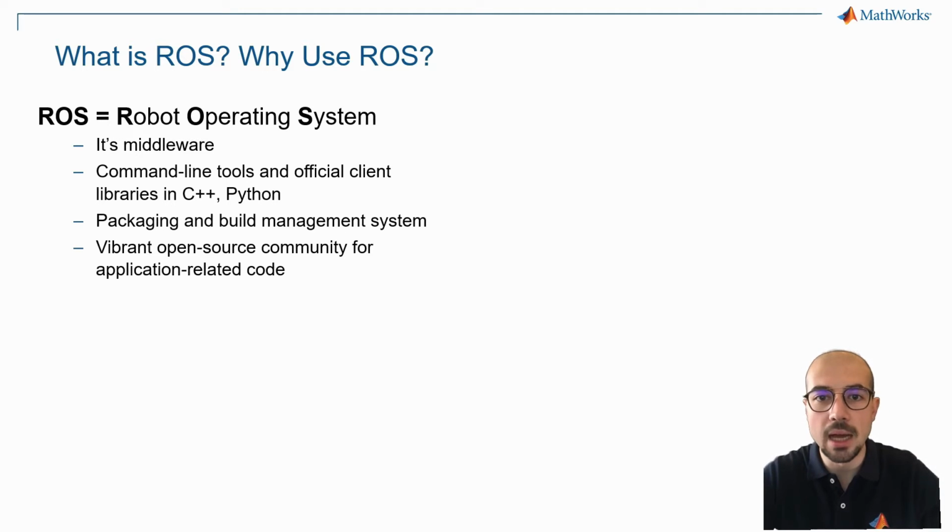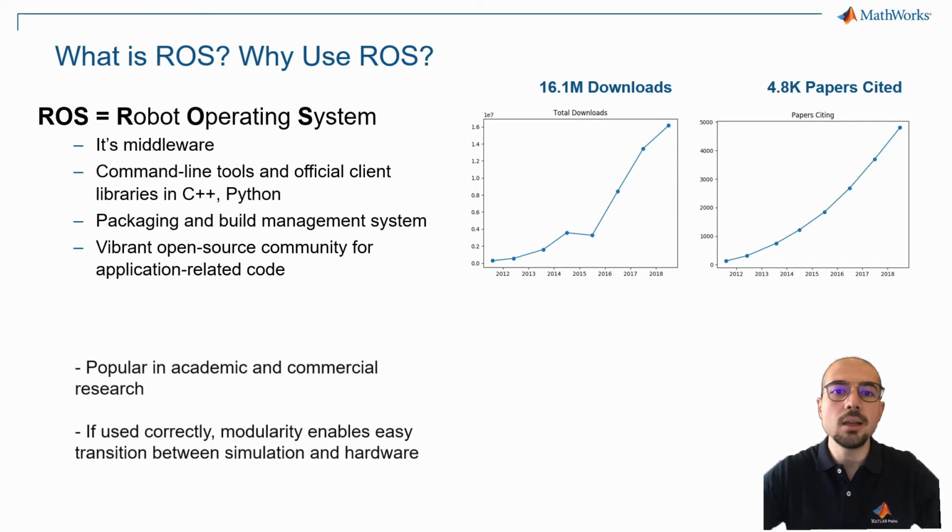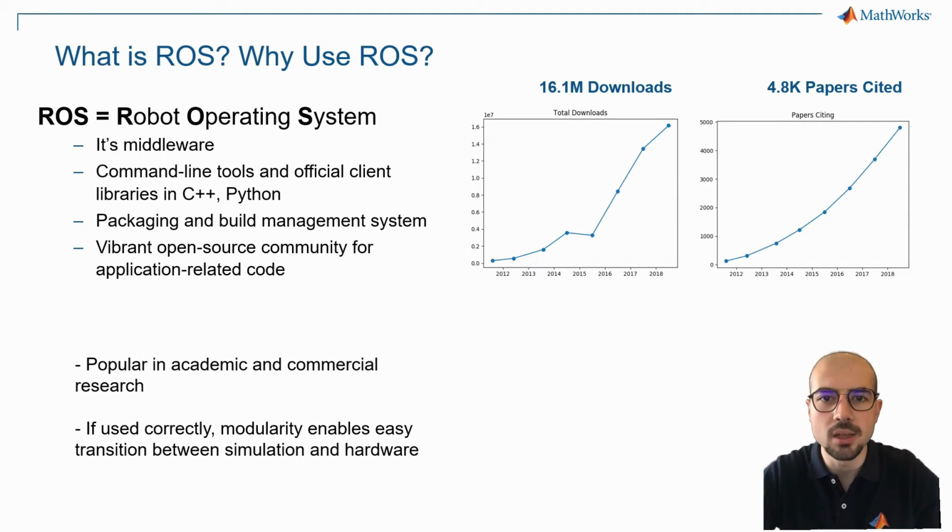so it means that lots of people work with ROS and develop software. The reason why we want to use ROS is mainly because it's very popular in academic and commercial research, as you can see in this graph. Currently we have around 16 million downloads and lots of papers and research that use ROS. So there's a big community that uses this software in order to develop new things.